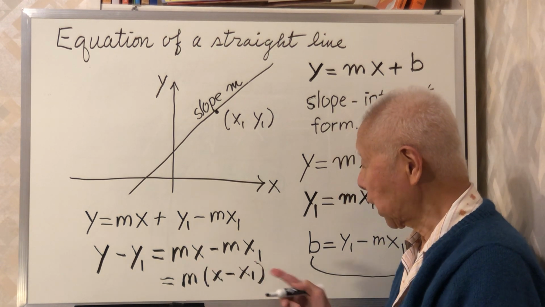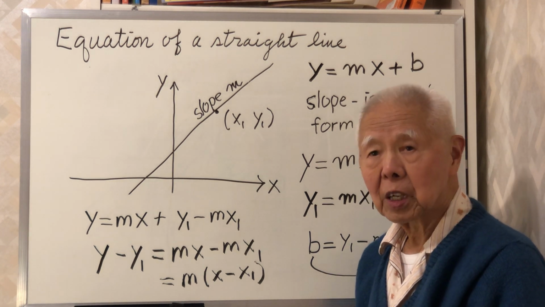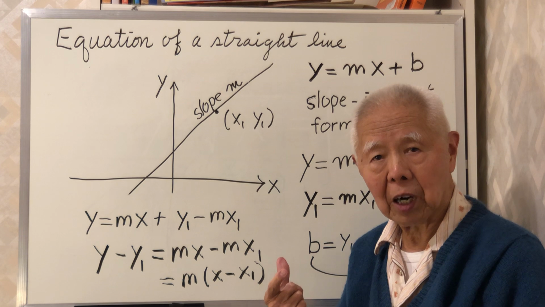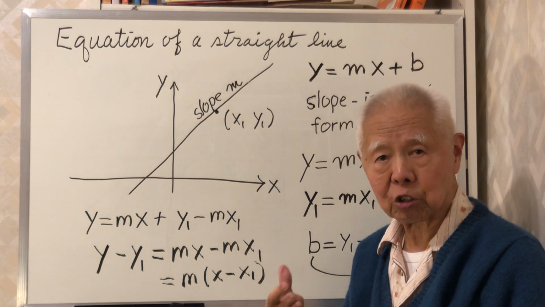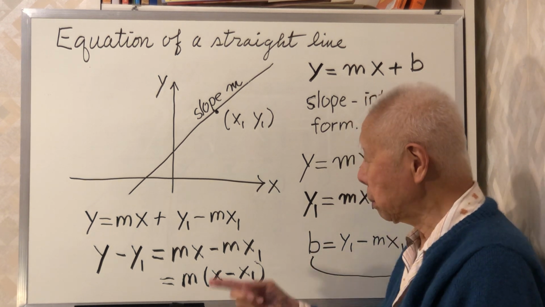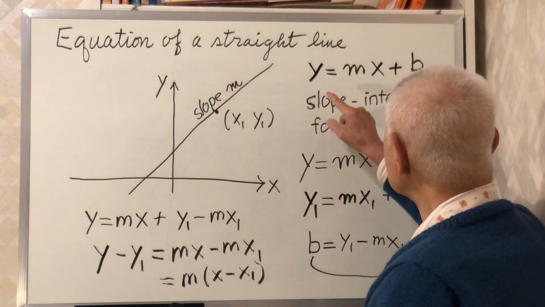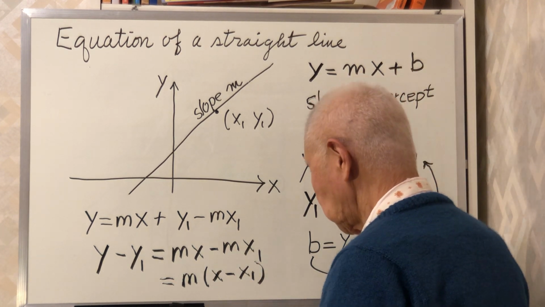So this is my equation if I have a given point x1, y1, and I have the given slope m. So let me put this formula below this. Okay.